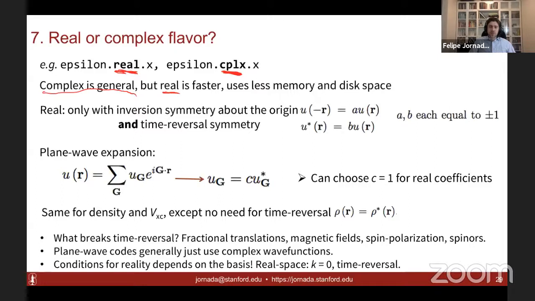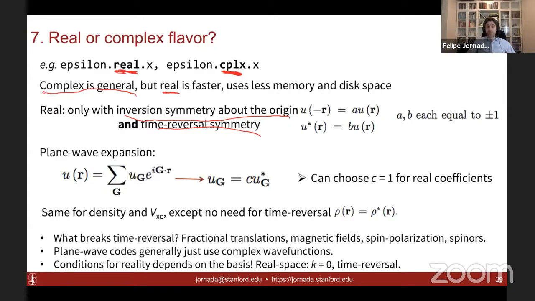When can you use the real version? Well, you can only use the real version if you have both inversion symmetry and time reversal symmetry. You should usually have time reversal symmetry in your calculations, and the inversion symmetry has to be such that it is not associated with a fractional translation, namely that the inversion symmetry is about the origin. So if you run a calculation with Paratec or Quantum Espresso, the code will tell you whether you have inversion symmetry.